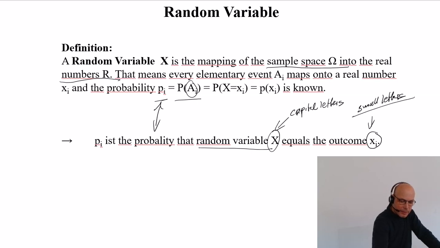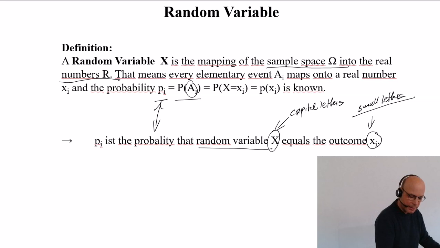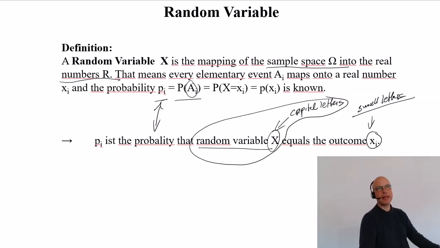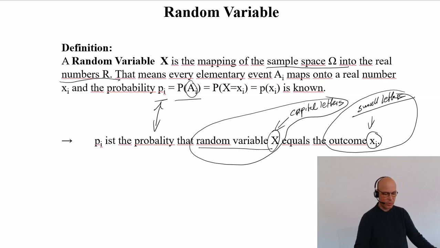So you have to be a little bit careful that you do not interchange random variables, which are assigned with capital letters, and the definite outcome, which we assign with small letters.